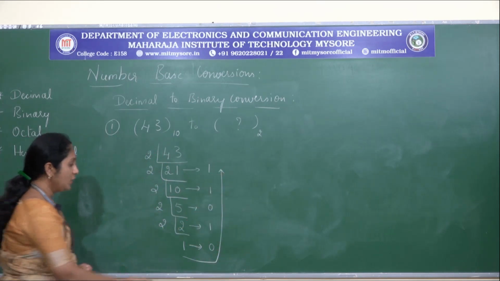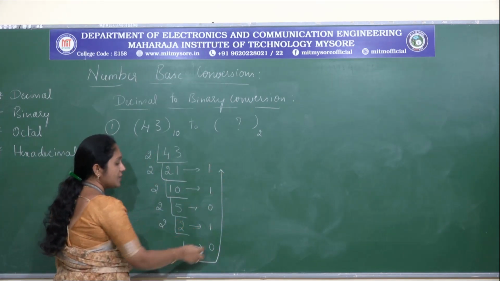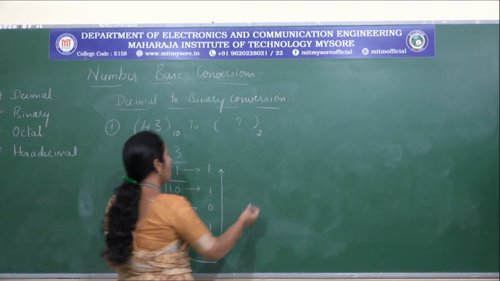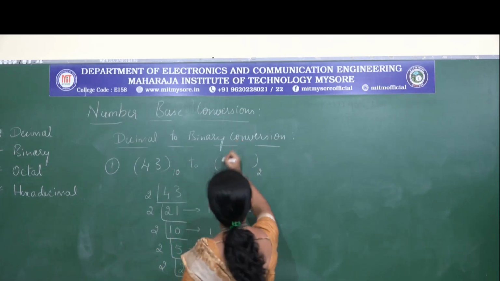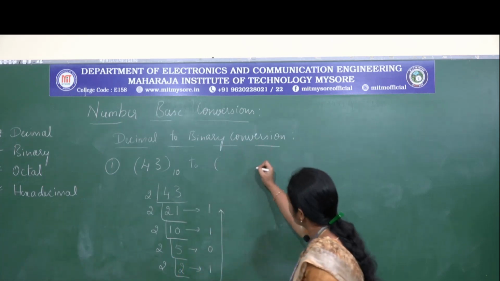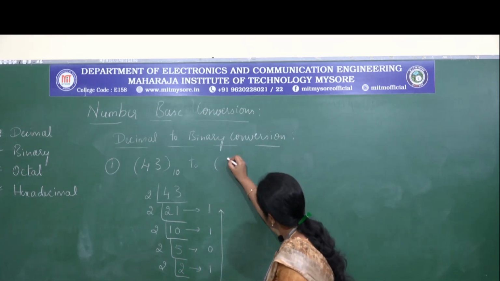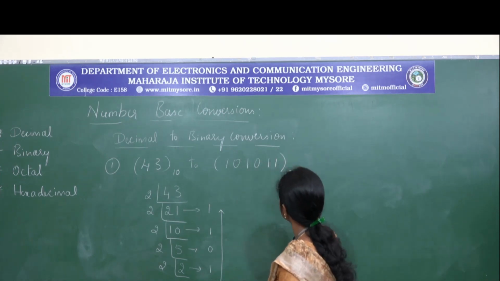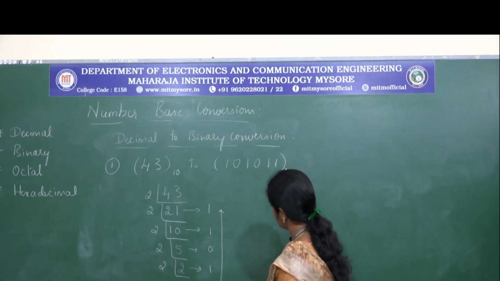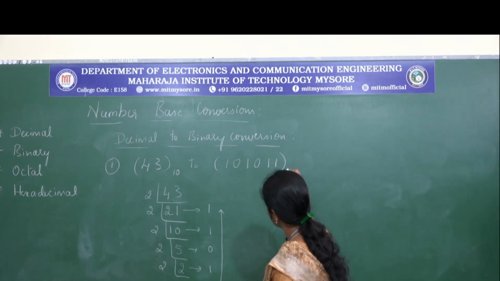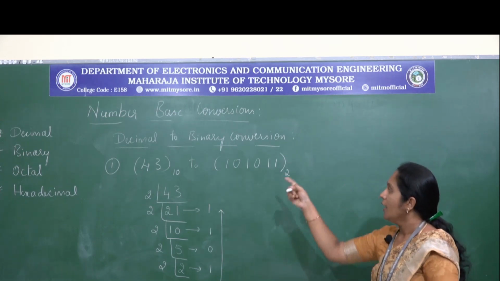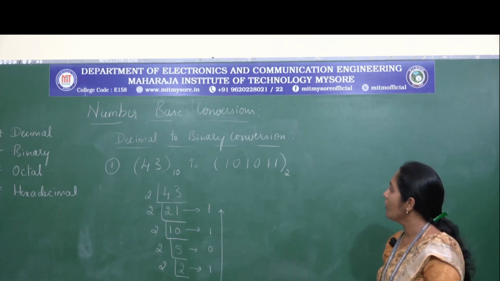So now we record these remainders and read from bottom, and here I am going to write 1 0 1 0 1 1.